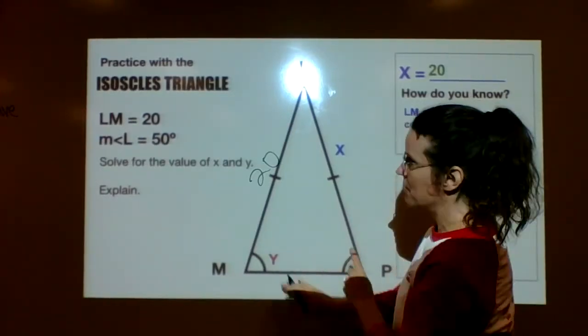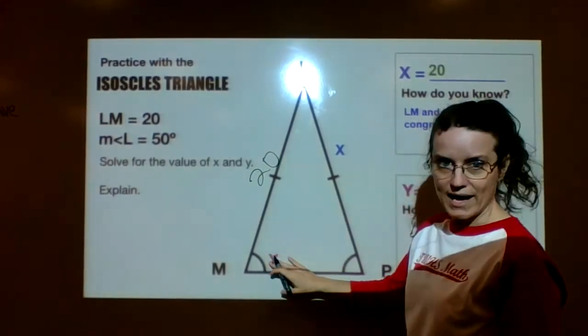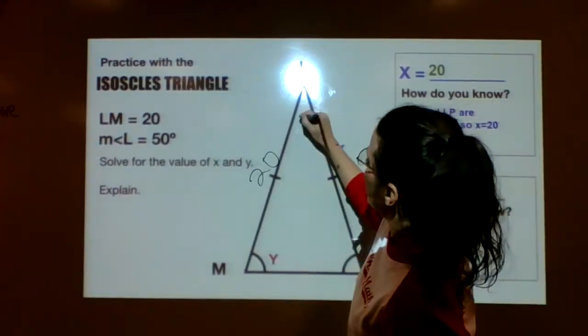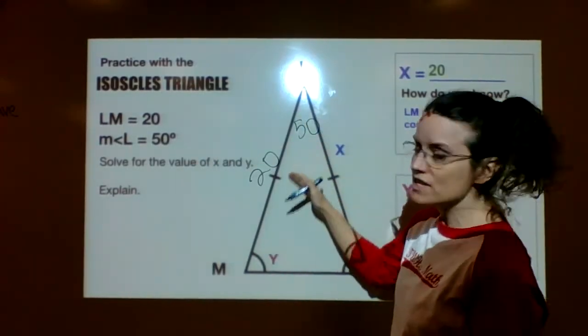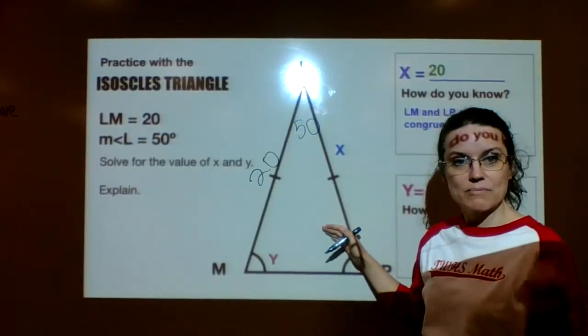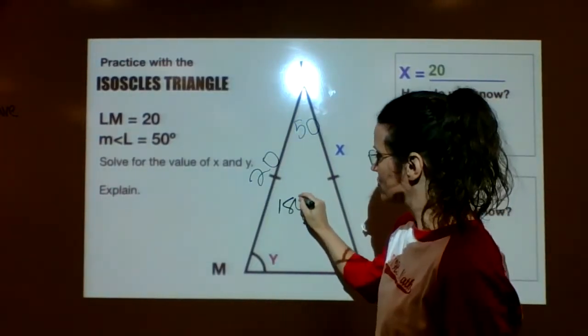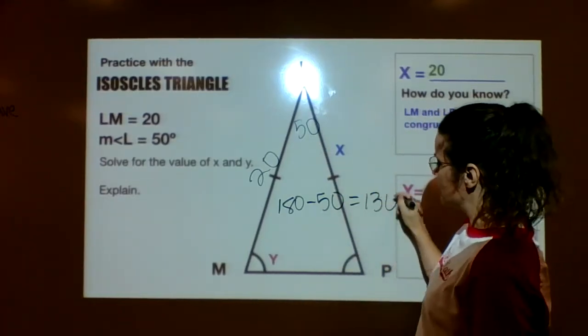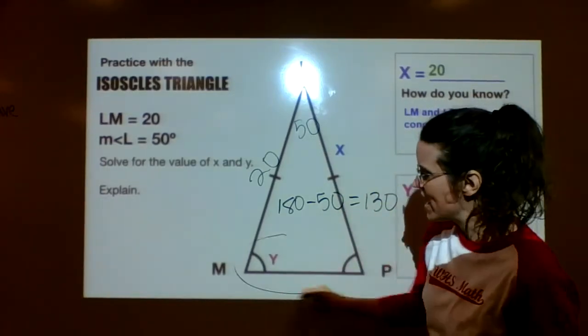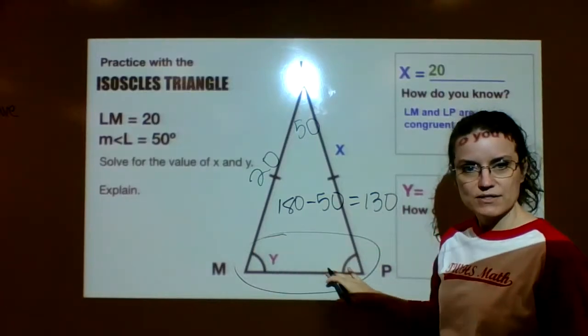Down here at the bottom, I want to know the measure of Y. Well, up here, I know that angle L is 50. And so when I use my triangle sum theorem that I had last time, I have 180 degrees. If I take away that 50, it gives me 130 degrees to share for both of these two.